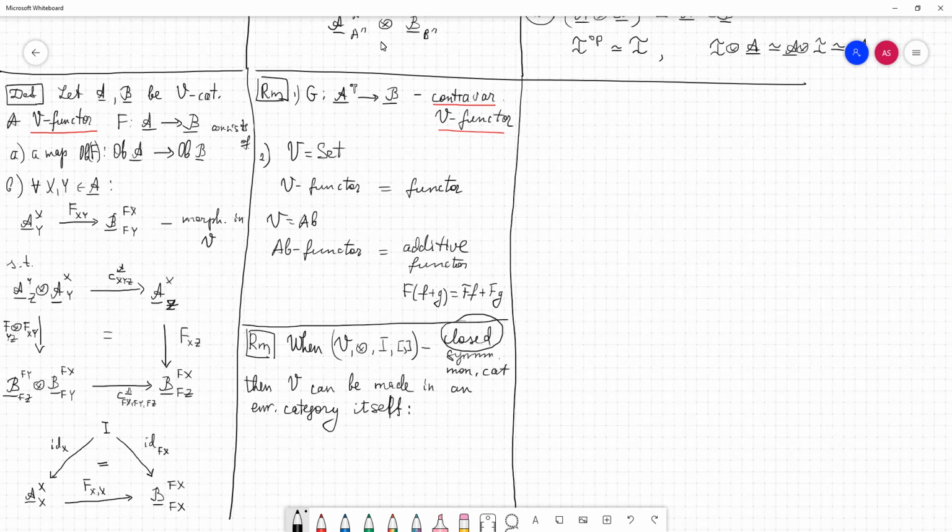How will we do that? We will take V underline having objects the same as in V. Then second part, morphisms. So V underline from X to Y is defined to be the internal hom from X to Y.